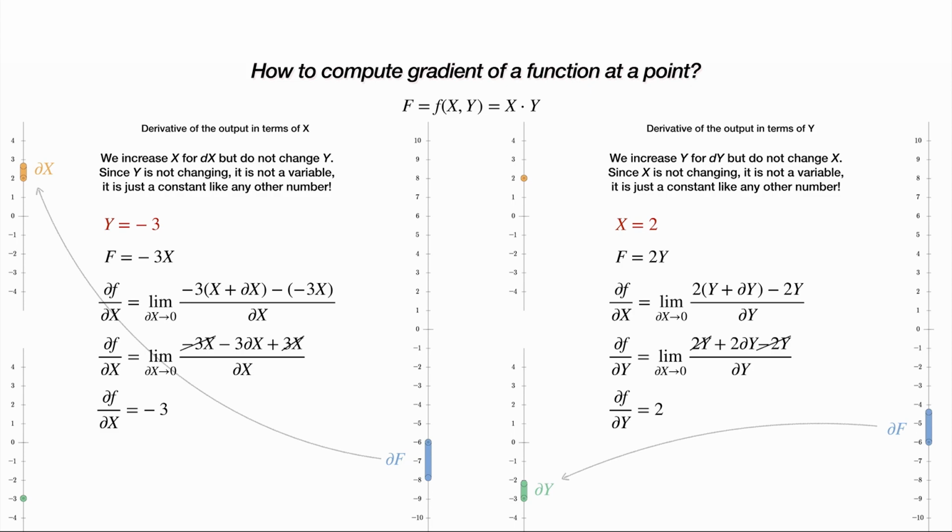Let's now try to present a more general case of finding partial derivatives of a function f of x and y equals x times y. What you should be already comfortable with is that this function has two inputs, thus we have to find two partial derivatives.